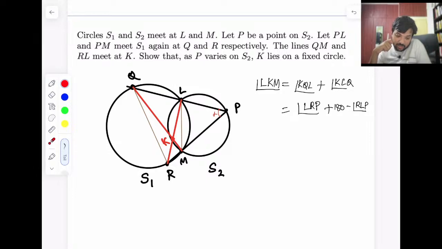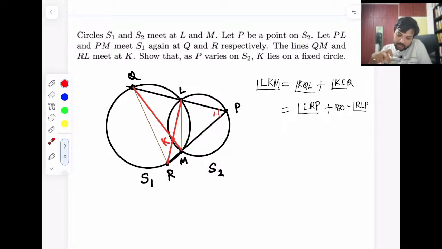Is there something else that's constant there? That story as P varies over the circle. LPM was constant, so I thought that's good enough for us. I think it should be related to that. LRP, I made a mistake. KQL plus KLQ is LKM. That's correct.